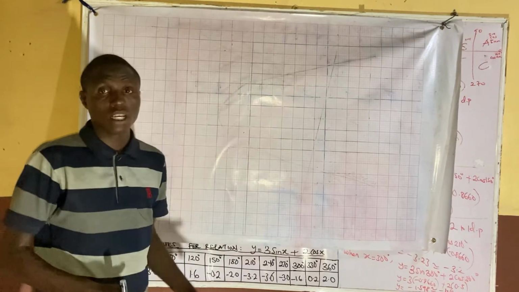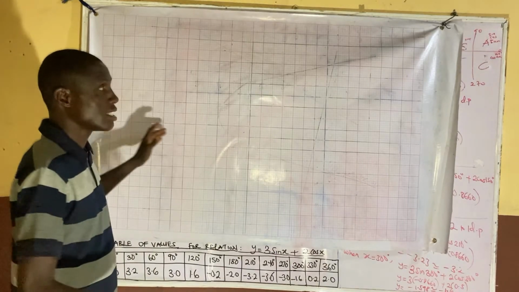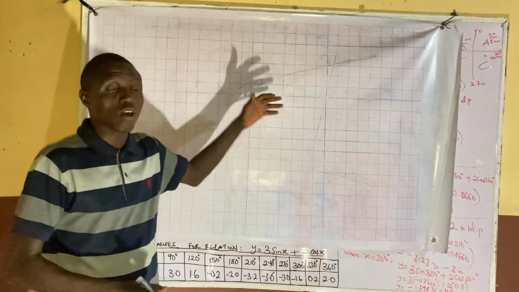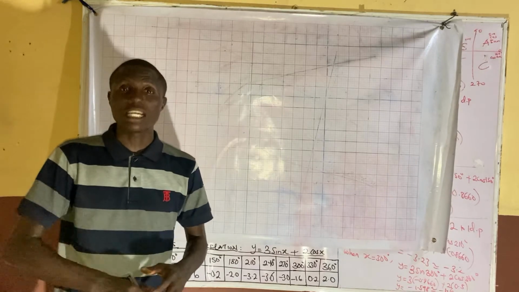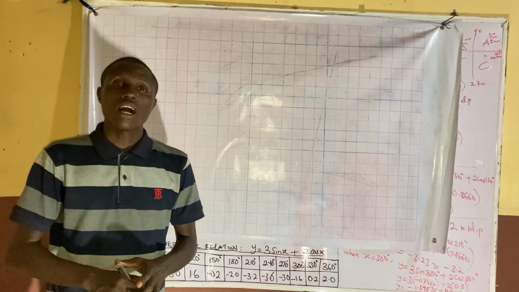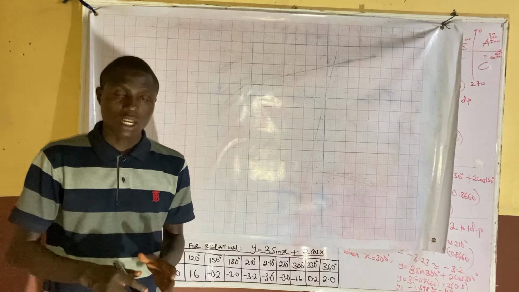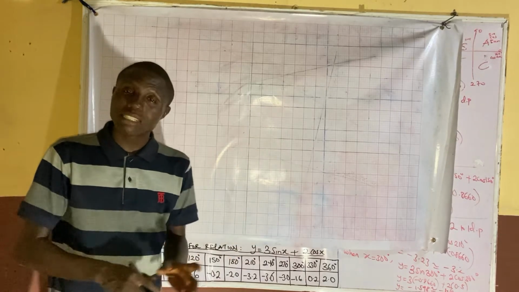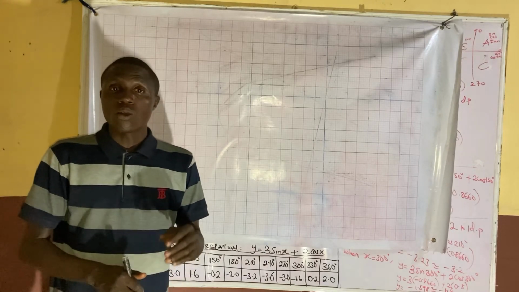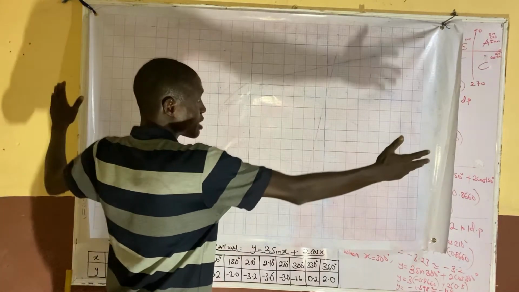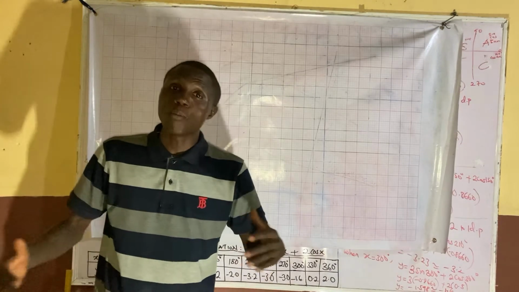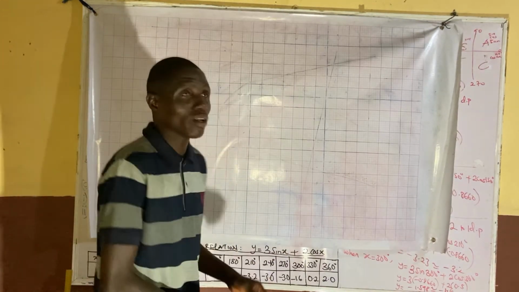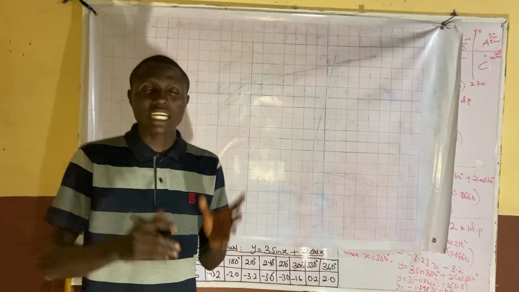But now I have to change the orientation of the graph because of the kind of scale I was asked to use. We are asked to use 2 centimeters to represent 30 degrees, which needs a landscape so I'll be able to accommodate more points on the x-axis. Now I'll be going into plotting of the graph in detail.